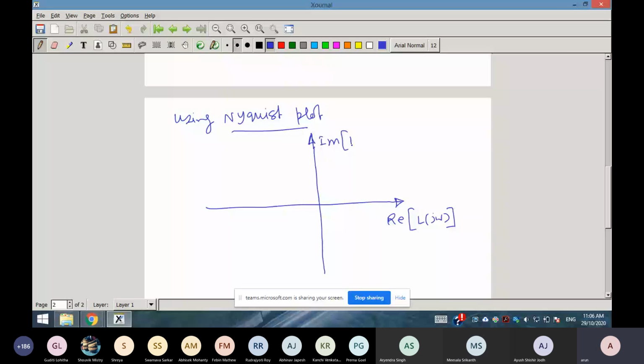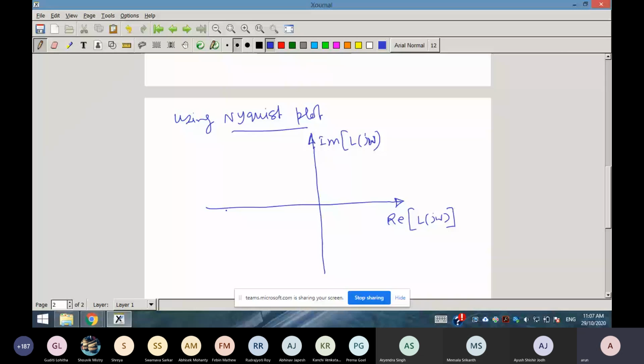If you draw the Nyquist plot for this loop, again and again I am telling, loop means controller into plant, into actuator, sensor, all the gains in cascade. That is the loop transfer function, Gs into Cs, because actuator and sensor dynamics we normally consider inside the plant. So Gs, the controller is Cs.